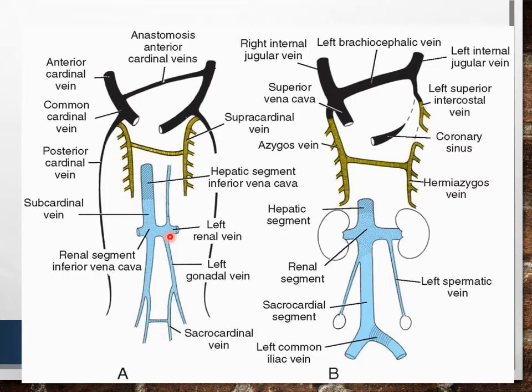When this is established, the left subcardinal vein disappears and only its distal portion remains as the left gonadal vein.